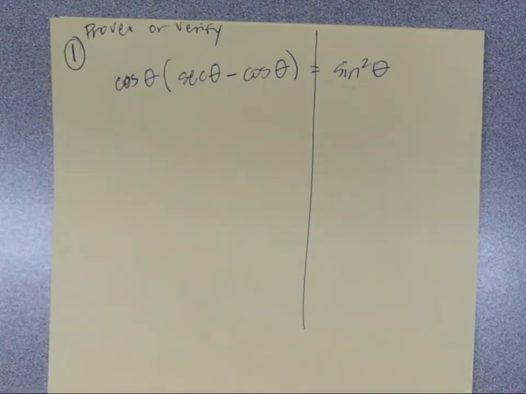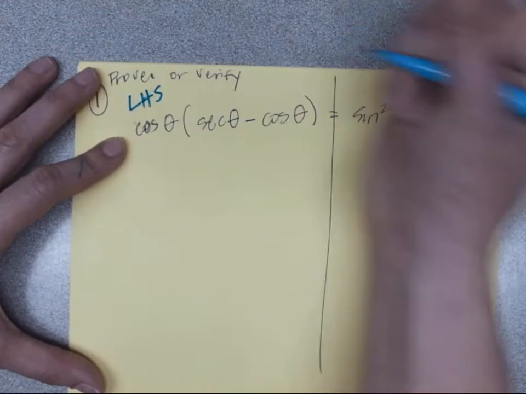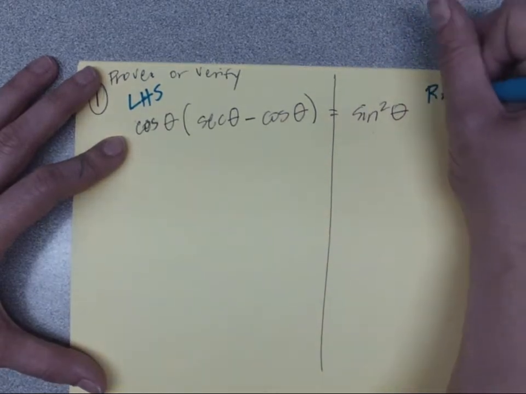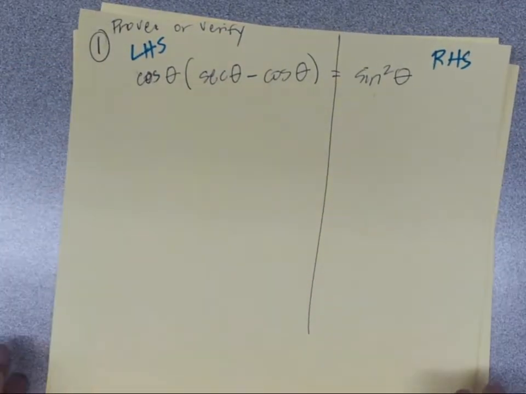As you're watching other videos and maybe watching things on YouTube or getting help from other sources, just a heads up, some of the terminology or notation you'll see here is LHS, left-hand side, and RHS, right-hand side, and it's telling you we're starting with the left-hand side and trying to turn it into the right-hand side.